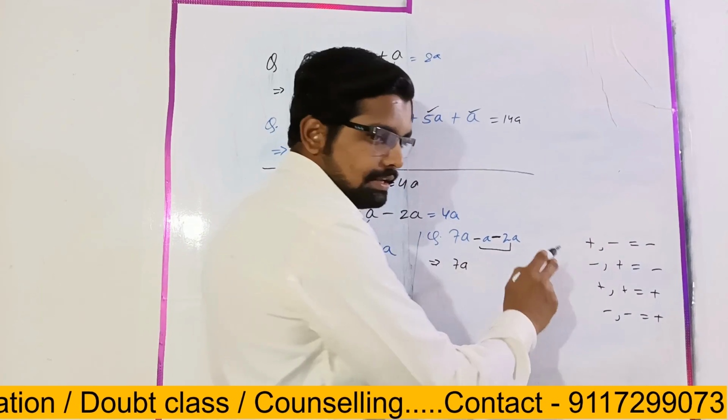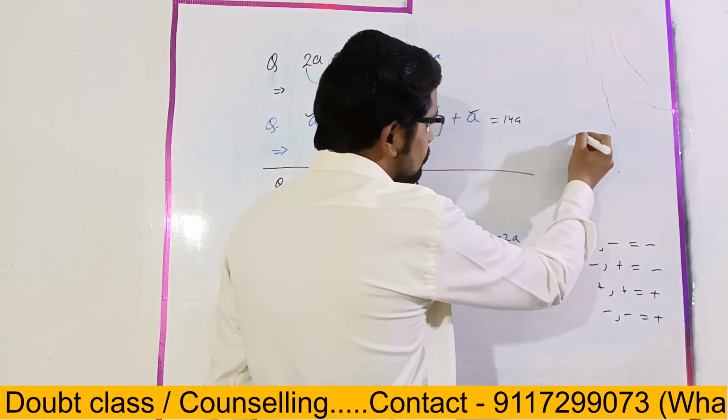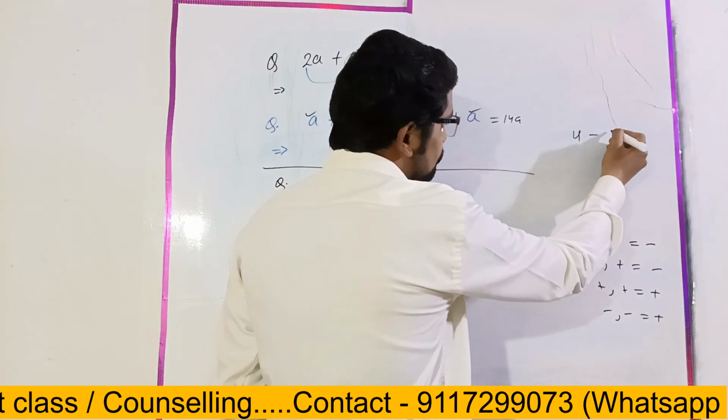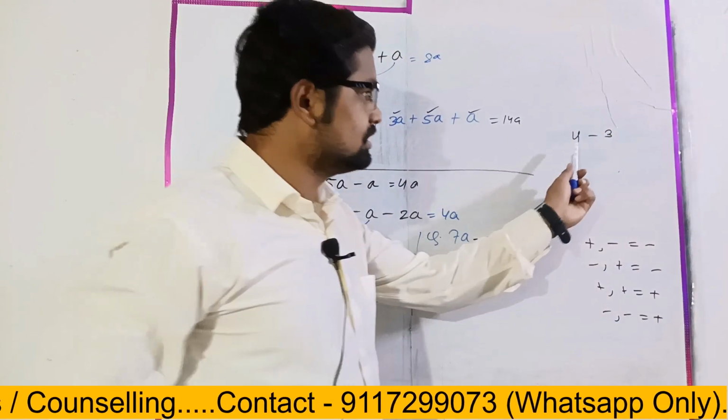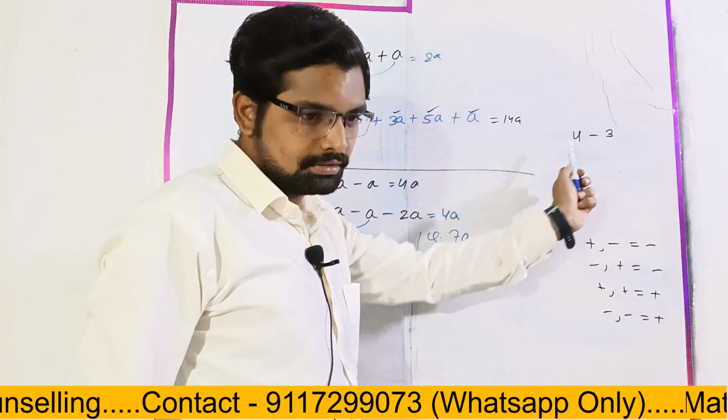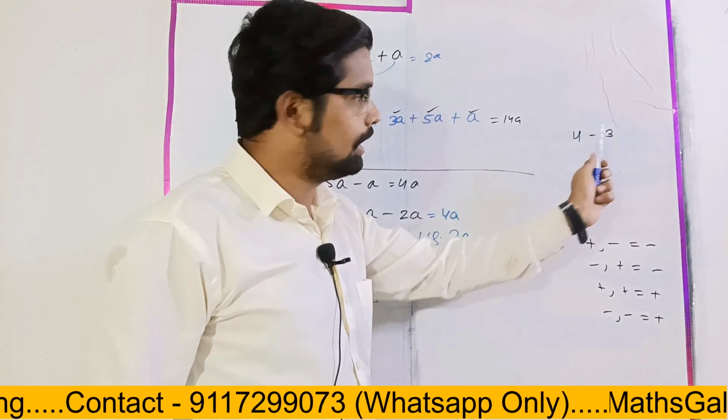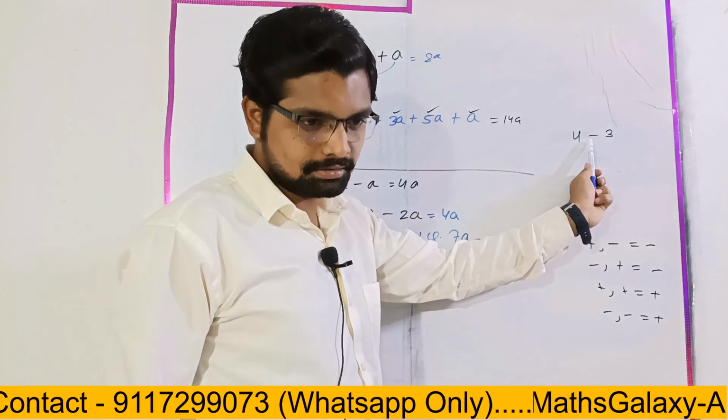Let's see one example for each. One will be plus and one will be minus. Suppose 4 minus 3. 4 is in plus form, positive, right? And 3 is minus.